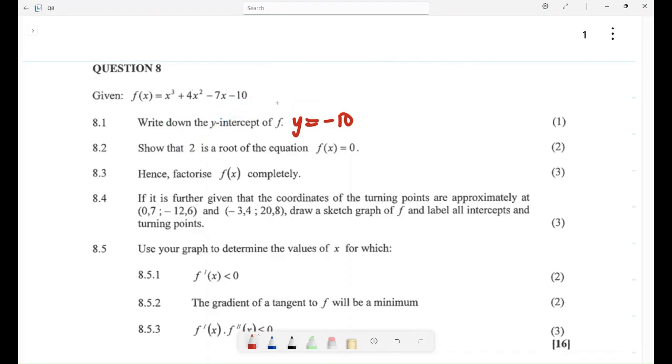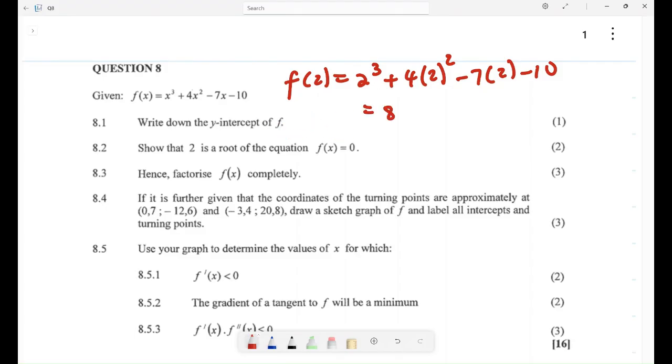You take f of 2 is equal to 2 cubed plus 4 into 2 squared minus 7 into 2 minus 10, which is 8 plus 16. 4 times 4 is 16, minus 14, minus 10.